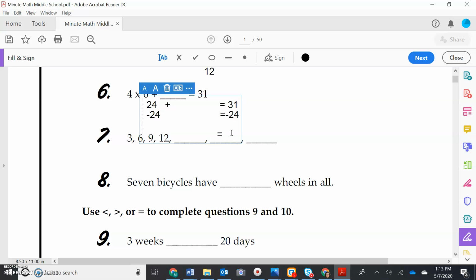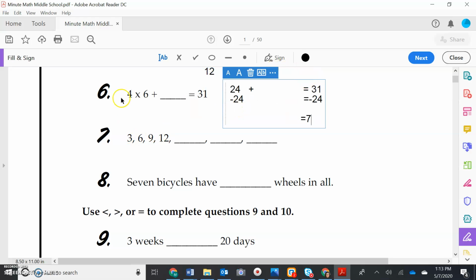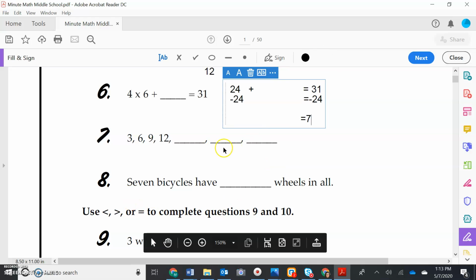So 31 minus 24 is going to be, oh, I'm on the wrong one here. 31 minus 24 is 7. So your answer should be 7. So all that was the math we used to get number 6. The answer for number 6 is 7, but that's how we got it.